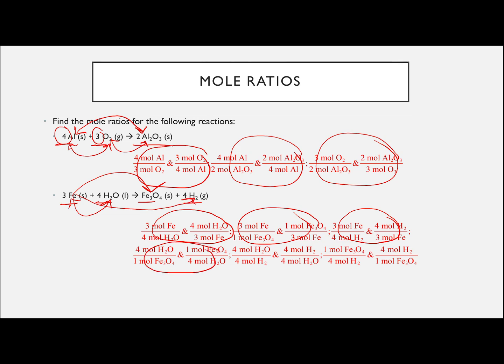We've got water and iron oxide. We've got hydrogen and water. And we've got hydrogen and iron oxide. We have connected all of these things. We have made all the ratios we can and made sure to reciprocate them and keep in our coefficients.